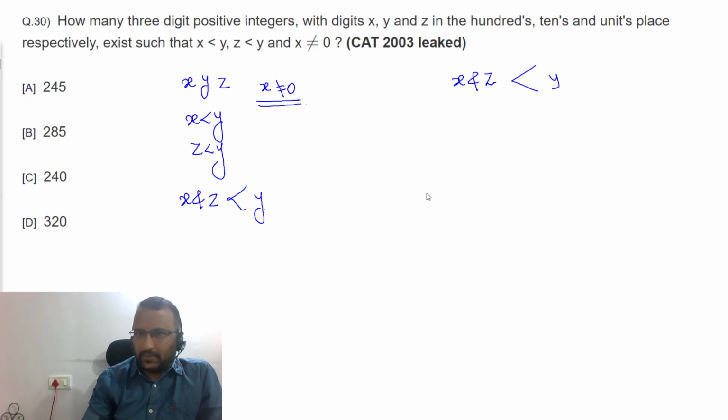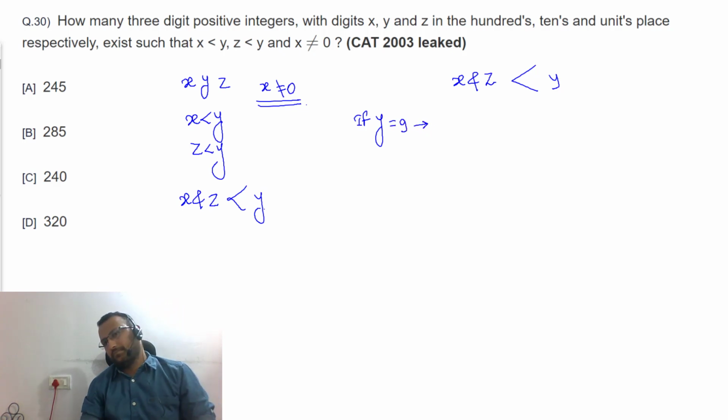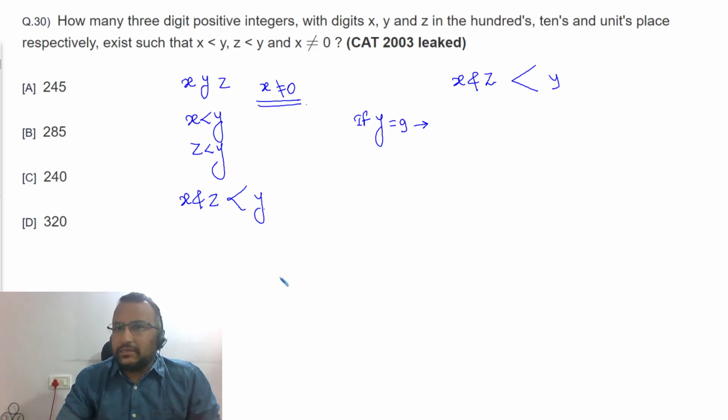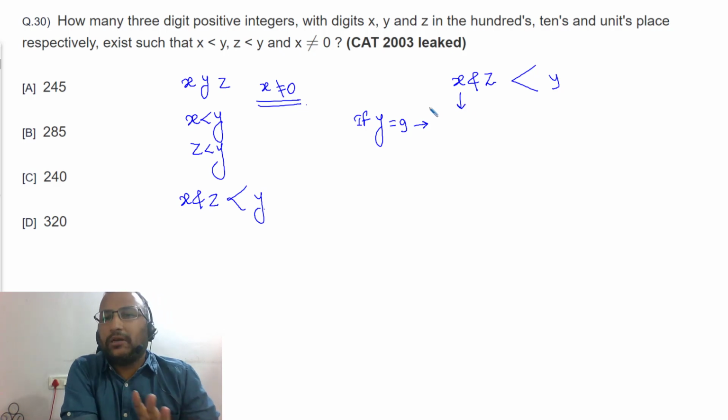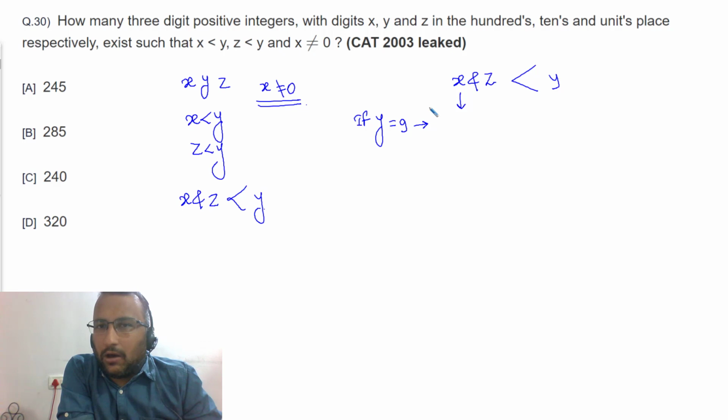If you put y equal to the maximum value that y can take, which is 9 because it is a digit, then what is the value of x? Nothing is mentioned about repetition, so repetition is allowed.